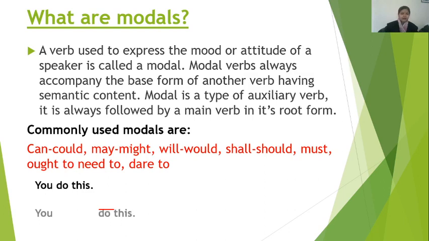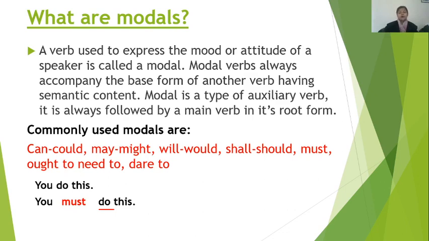If I want to use one modal in this, I will write, you must do this. Here, what is my main verb? Do. And the modal is used before that. Means the speaker wants to say that morally you must do this.